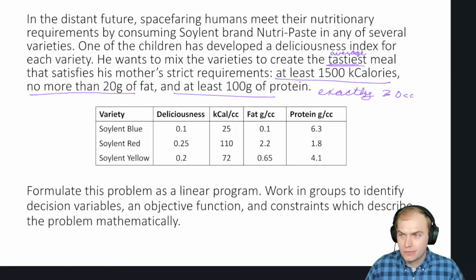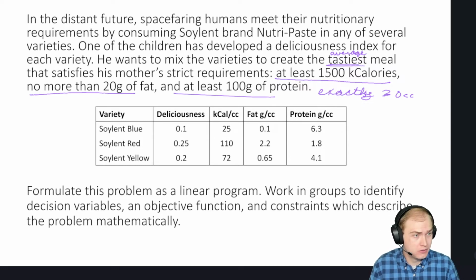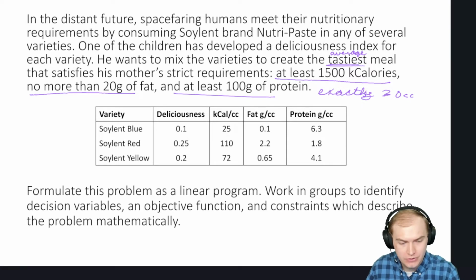Well, let me take you through my thought process, and maybe that will help. So the first thing I want to do is determine exactly what decisions need to be made. So what are the variables going to be? That's the mathematical way of saying it. What is the subject of the problem trying to decide?